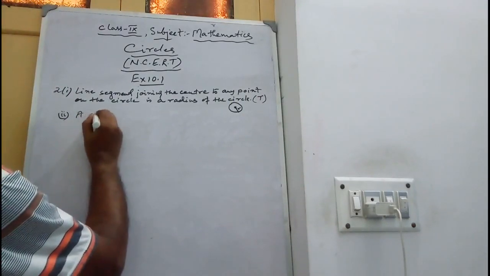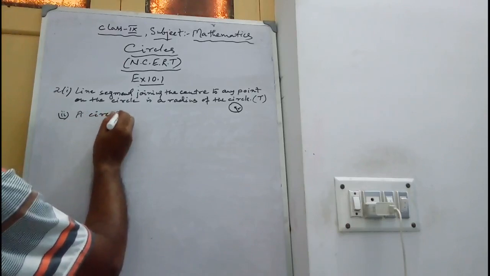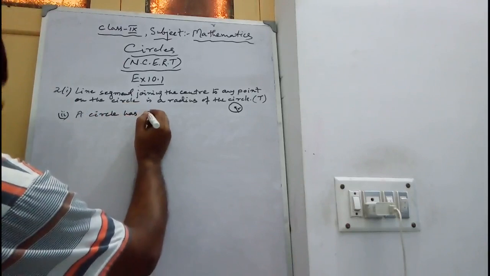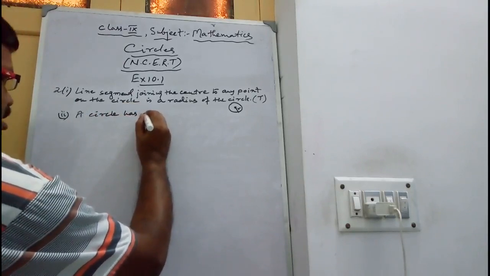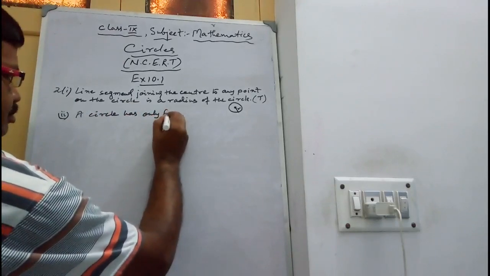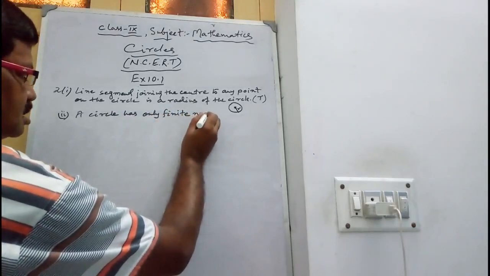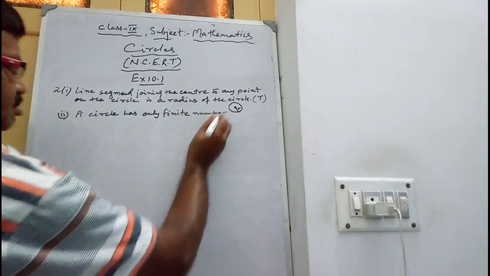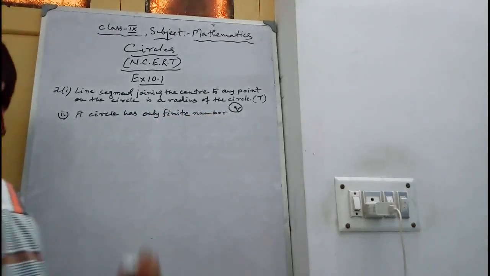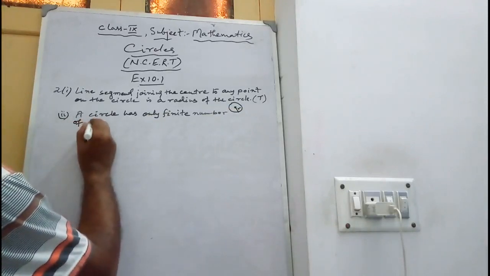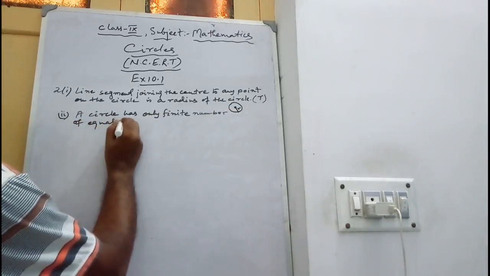Number 2: a circle has only a finite number of equal chords.